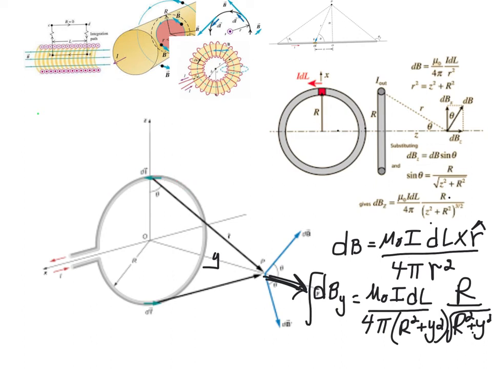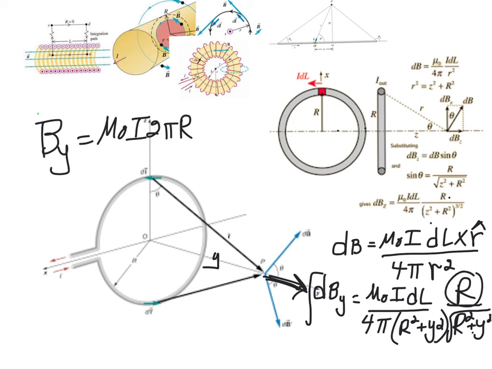So if we bring that up here, we're going to have that the total By, after we do the integration, is mu naught I. The integral of the dl is 2 pi r, the radius of the circle. Then we have another r, this r.